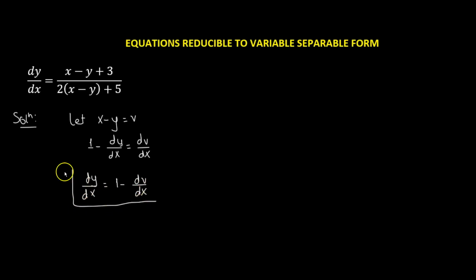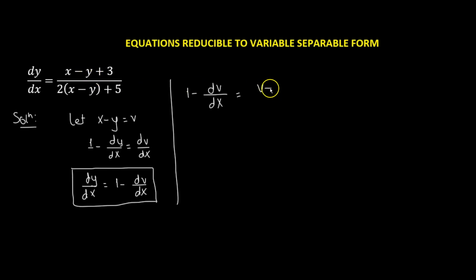Now we'll use this and substitute it into our original differential equation so that we get 1 minus dv over dx instead of dy over dx, and that will be equal to, in the numerator we have x minus y plus 3, so that will be v plus 3, whole divided by 2v plus 5.